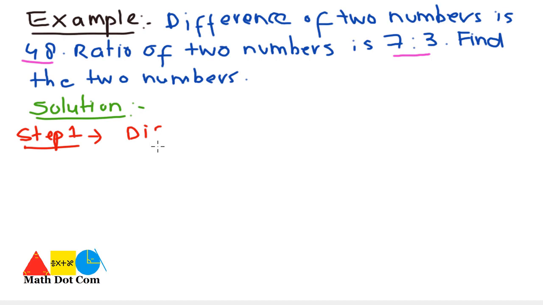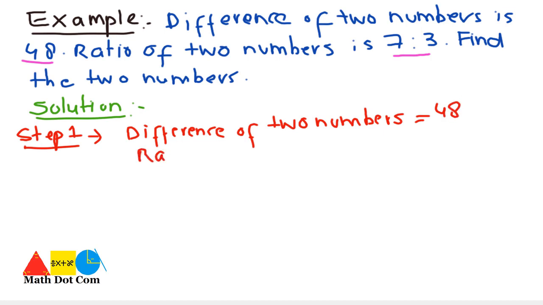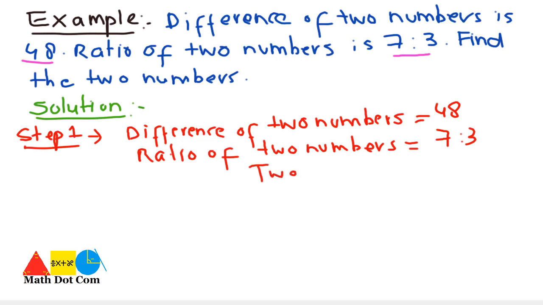So we will write the difference of two numbers is equal to 48 and the ratio of two numbers is equal to 7:3. Now let's see what is unknown. The unknown is the two numbers. Do we know the two numbers? No, we don't. We just know their difference and their ratio, so we are unaware of the two numbers.